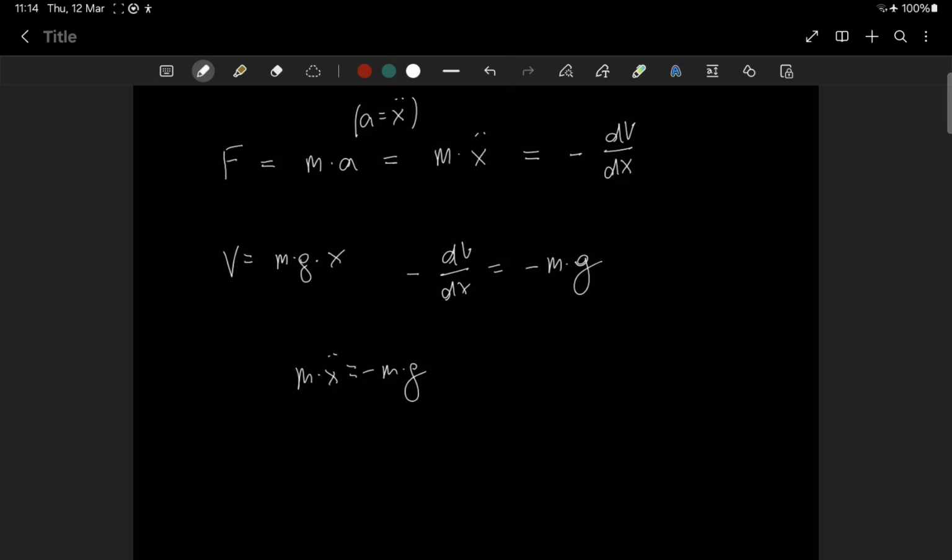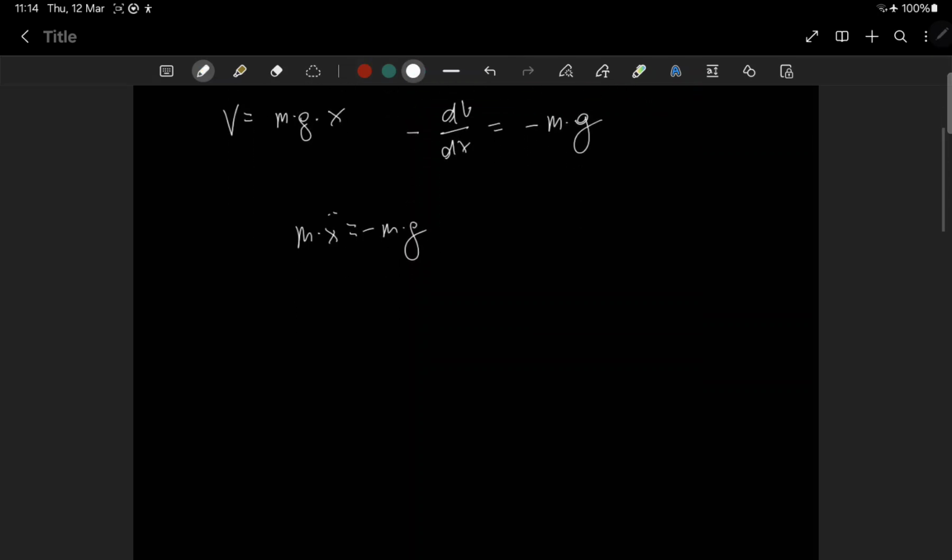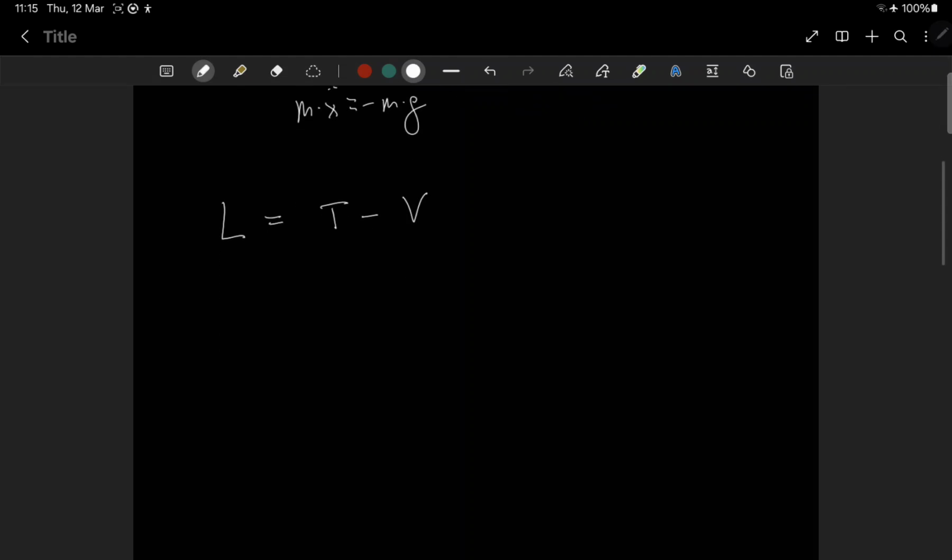So now what we want to do is show how Lagrangian mechanics is equivalent to this equation over here. One thing you have to remember in Lagrangian mechanics is the quantity called the Lagrangian. The Lagrangian is equal to the kinetic energy minus the potential energy. Now this minus is somewhat mysterious, but it actually works out perfectly well.